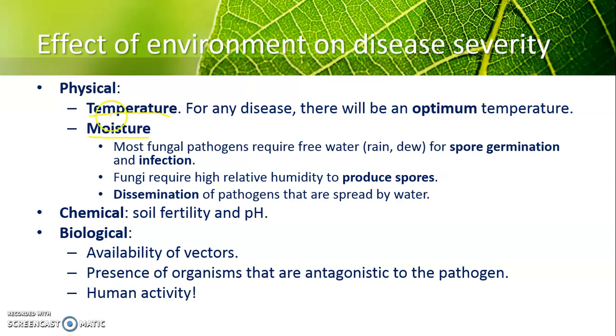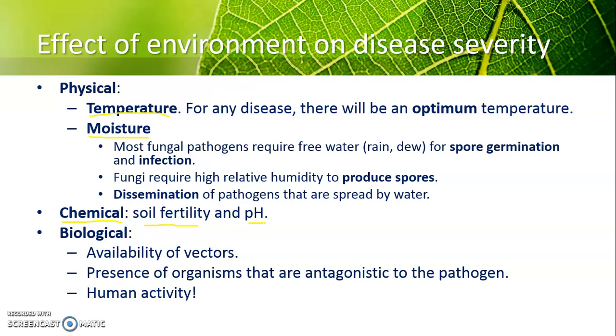And then the chemical factor of the environment, in terms of the soil fertility and also the soil pH. If the soil is very rich in nutrients, then the living pathogens like to stay there and they can infect the roots of the plants available.